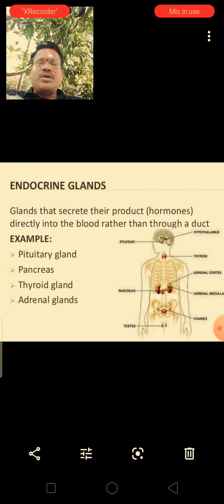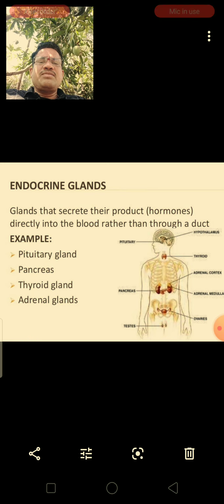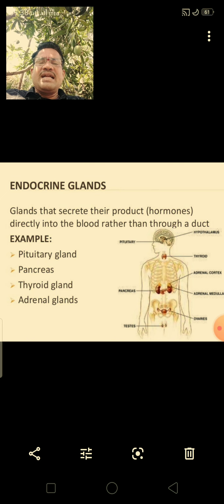So pituitary glands are present at the ventral side of the hypothalamus, pancreas is related to the digestive system, thyroid gland at the neck region, especially the throat region, and adrenal glands are present on the top of the kidneys.